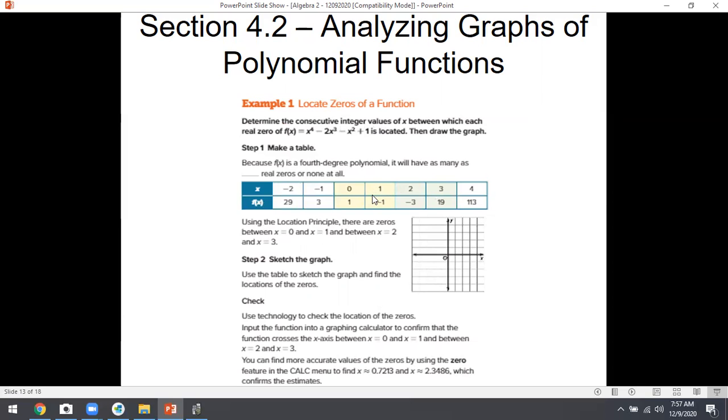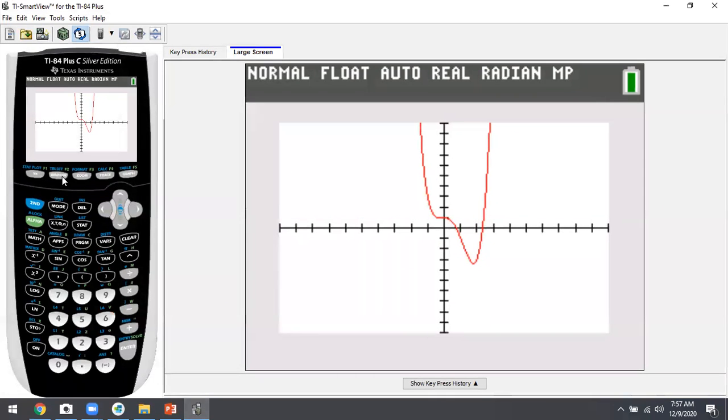Do you see any other spots where the function changes sign? Here it's negative, and then it changes back to positive, correct? So somewhere between 2 and 3, there must be a 0 also. So if you want to make a table like that and see where the signs change, be my guest. I'd much rather you just kind of graph the thing. If you graph that, you should see something that looks kind of like this red one.